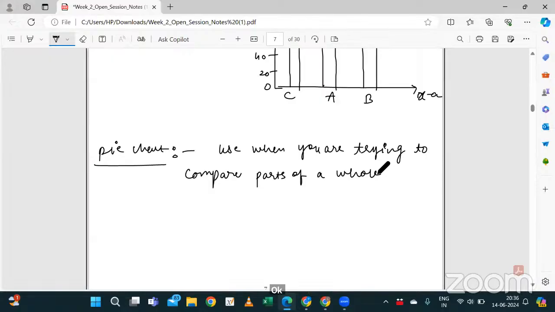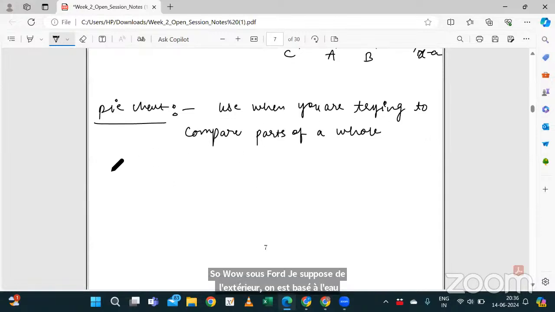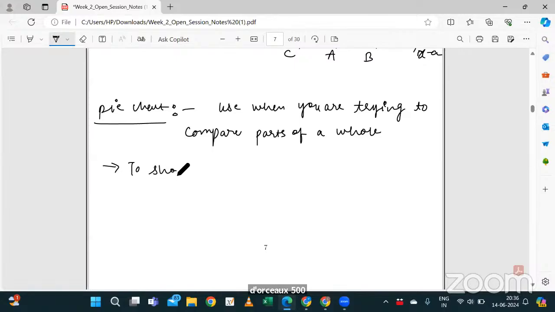For example, suppose you want to show the proportions of parts to a whole, or in other terms, when I use it to show the proportion of parts to a whole, right?